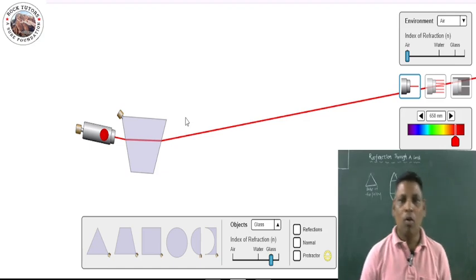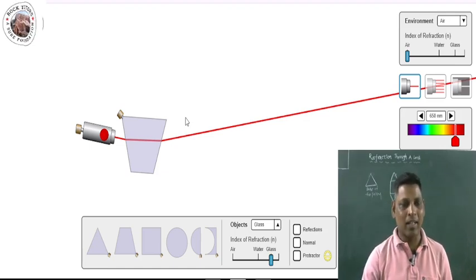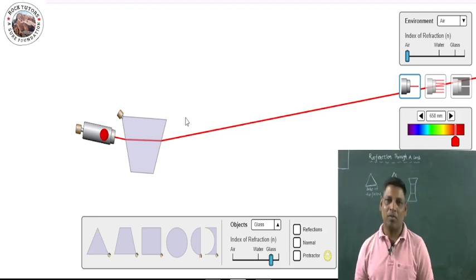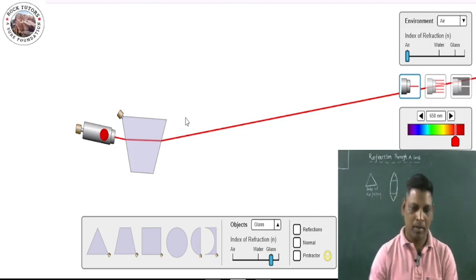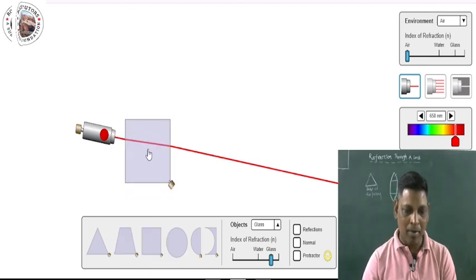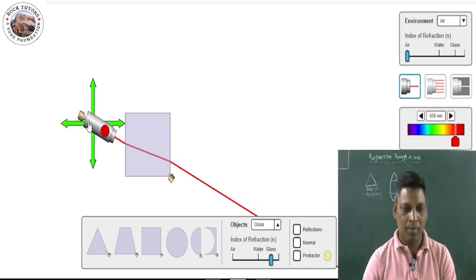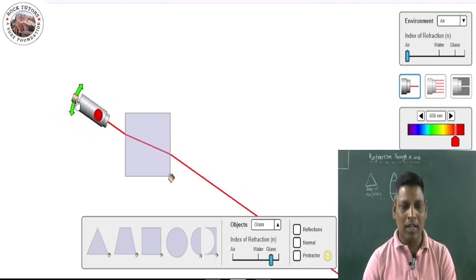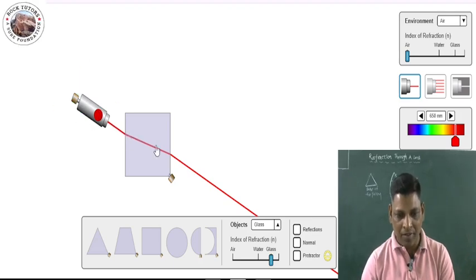Now one more activity. You'll see here what happens if the light passes through a glass slab. So I'm taking a glass slab. Yeah, this is a glass slab. Now see here, this is the incident ray, this is the refracted ray, refracted inside the glass slab, and it is coming out.